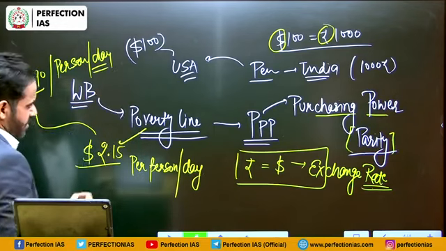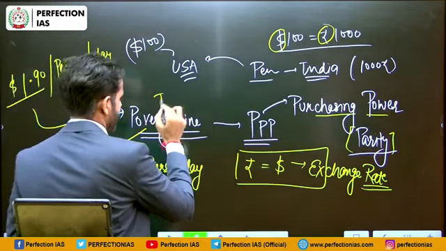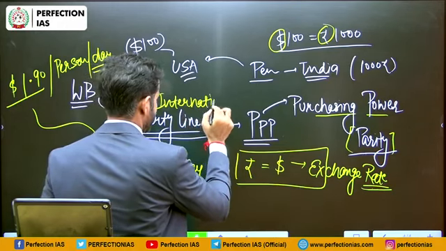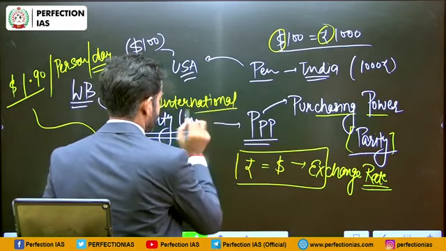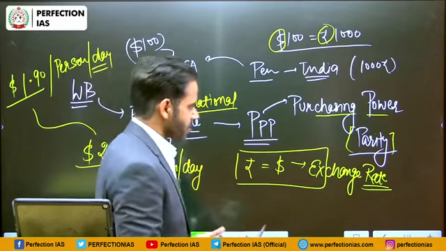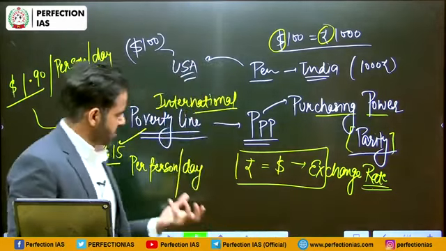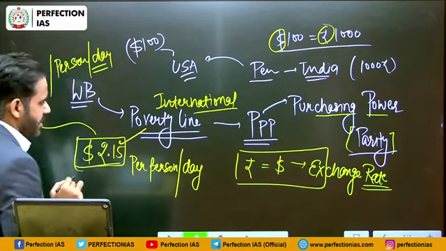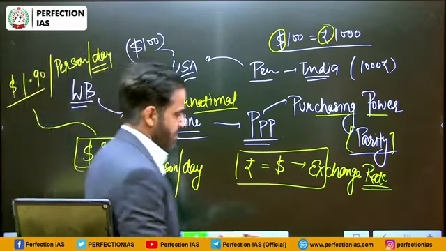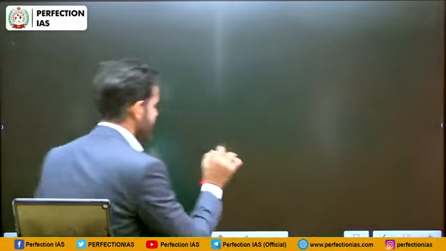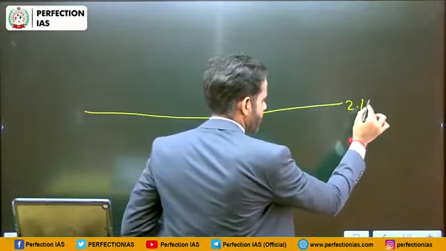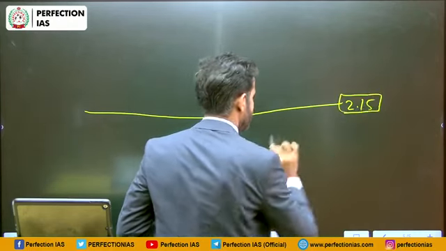So this is the international poverty line. International poverty line means globally those who have more than $2.15 per person per day, they are not poor. So suppose this is the line of $2.15 per person per day.